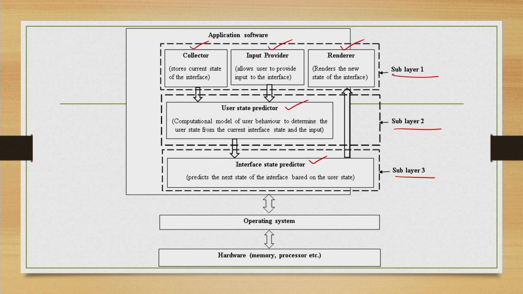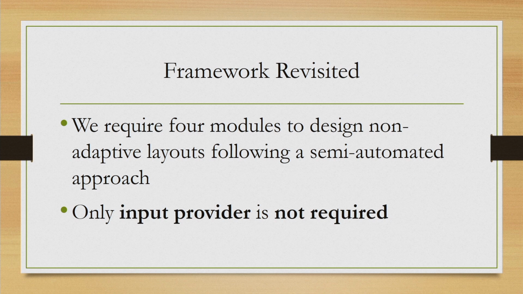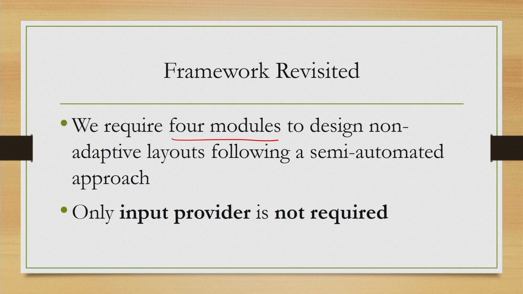That is our framework. Now, to explain the idea of design of non-adaptive virtual keyboard layout following semi-automated approach, we do not require all these 5 modules. Instead, what we require are 4 modules. The input provider module is not required. So, the first thing we should do is modify our framework for explaining this particular situation.